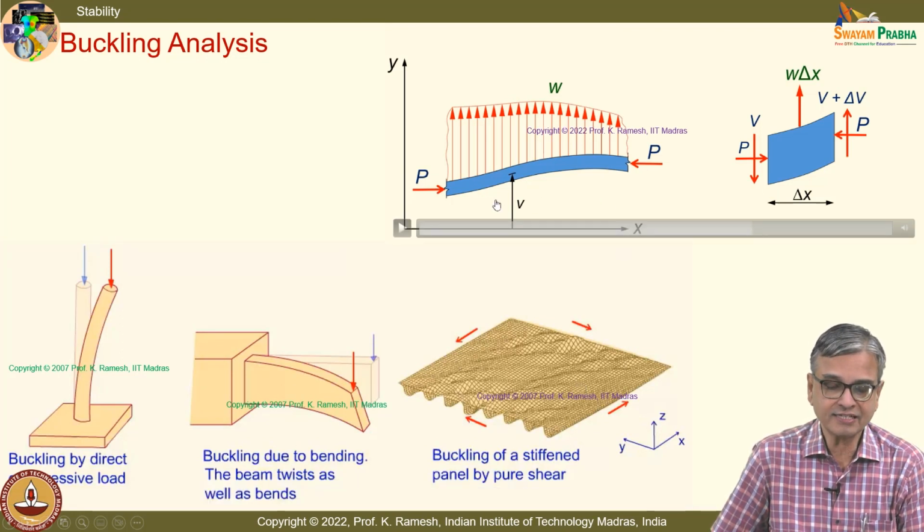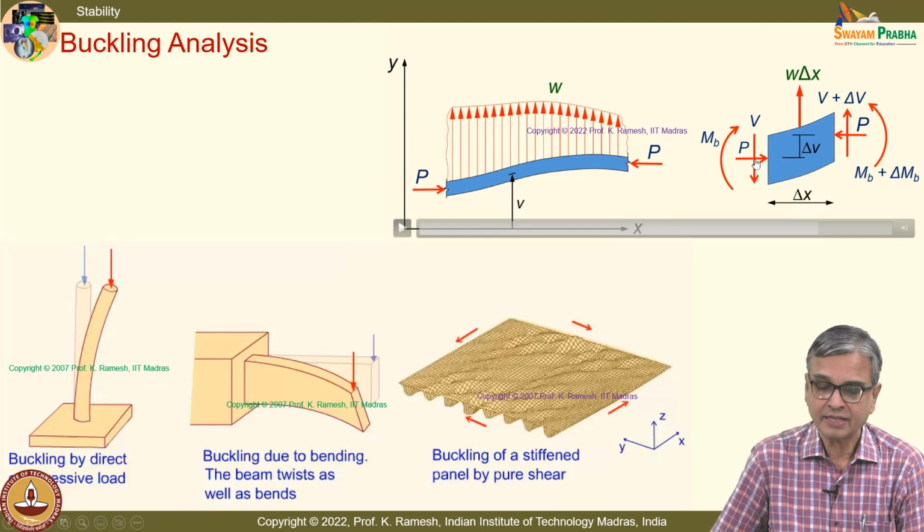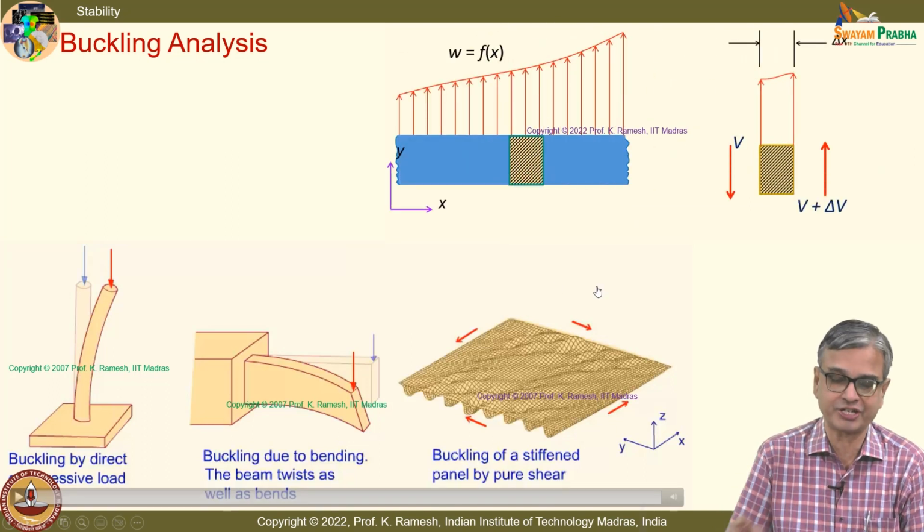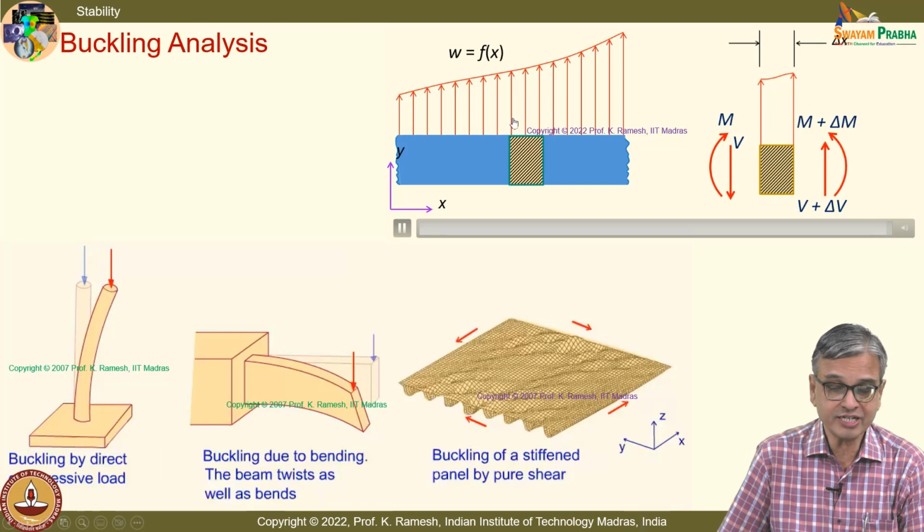And in all these cases, what we have done is we have deliberately taken this as deformed, and only when it is deformed, we are in a position to take an element. You get an extra term that I have the compressive load separated by a small displacement delta V. On the other hand, when we analyze a beam for deflection, we have consciously taken this as undeformed configuration.